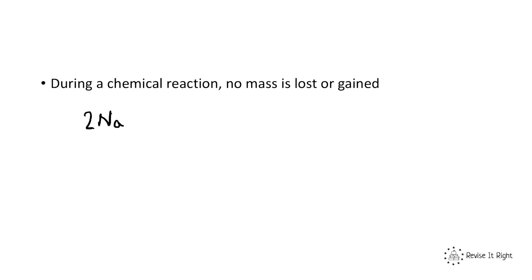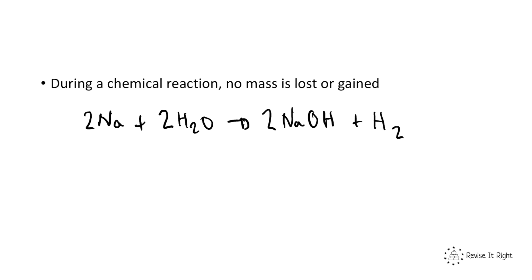Here we're reacting sodium with water. If you remember from our group 1 elements video, that makes sodium hydroxide plus hydrogen. If we counted up all the individual atoms on the left and on the right, on the left, as the reactants, you'd get 2 lots of sodium, 4 lots of hydrogen and 2 lots of oxygen.